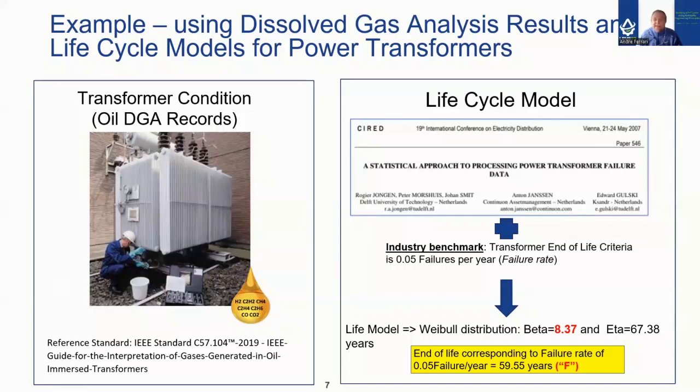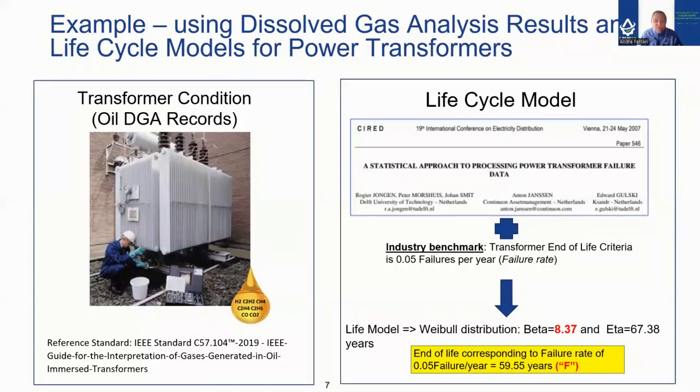So I have a 2-step process to calculate the end-of-life, or F point, on my PF curve. Number one, like in the middle here, I use a published industry benchmark for power transformers end-of-life, which is a failure rate of 0.05 failures per year. And number 2, I use a Weibull statistical distribution obtained from the above mentioned publication, representing the typical life distribution of a population of transformers.